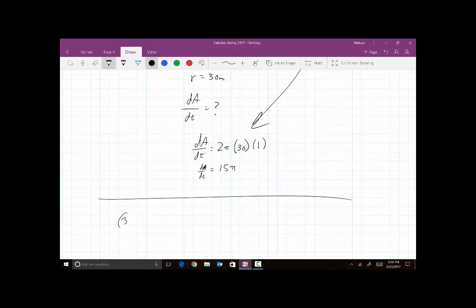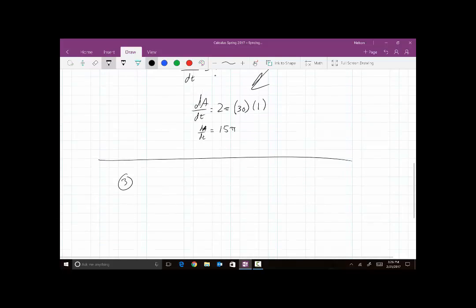All right, number 3. Number 3 says each side of a square is increasing at a rate of 6 centimeters per second. So you've got a square, and every single side is increasing. This side is getting longer, this side is getting longer, and so on, so this square is getting bigger and bigger.